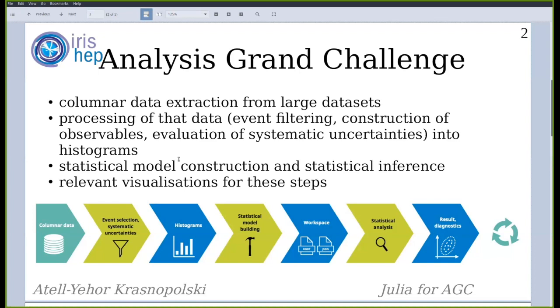This includes columnar data extraction from large data sets, obviously, and processing of that data. We process that into histograms. That includes event filtering, construction of observables, and evaluation of systematic uncertainties. It also includes statistical inference and relevant visualization of these steps. That should all be done in a reproducible way, and we also need to do that at scale.